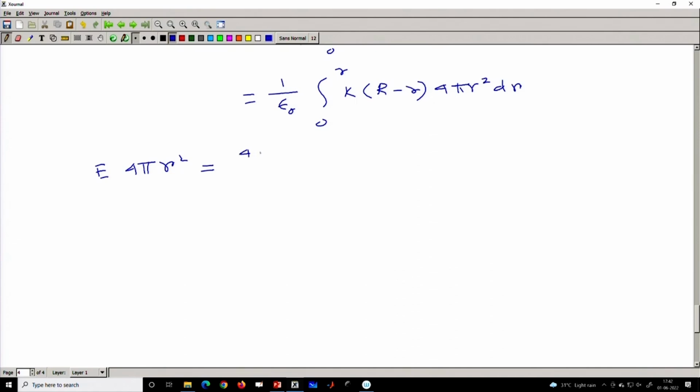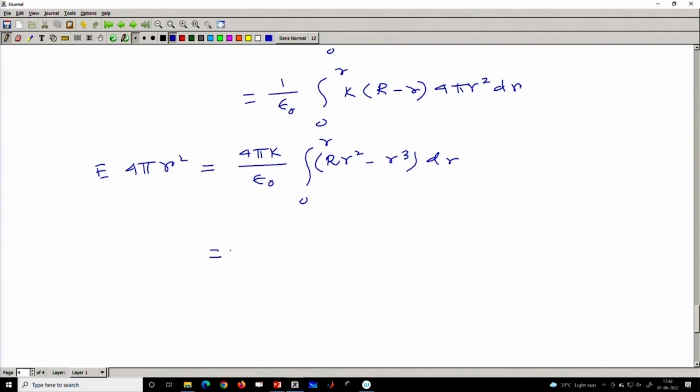4 pi k divided by epsilon naught and the integration from 0 to r. The thing I need to do is r square minus r cube, that I need to integrate.